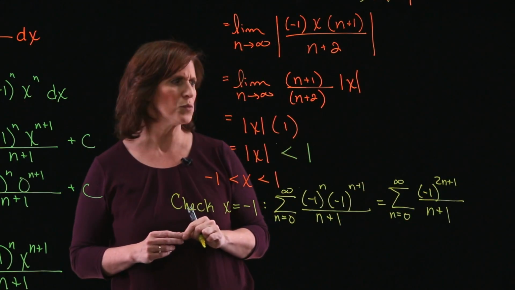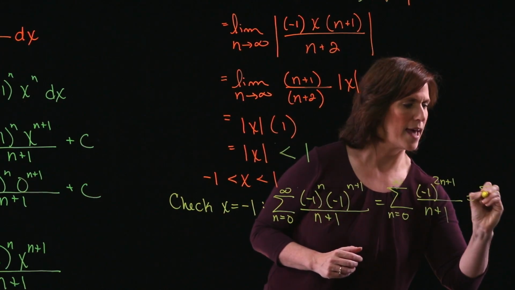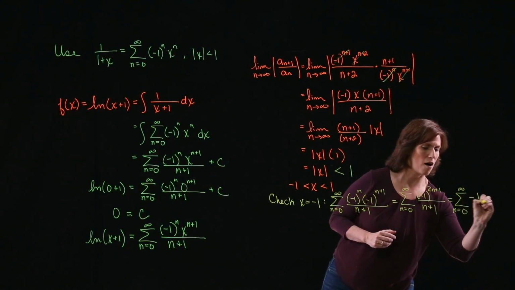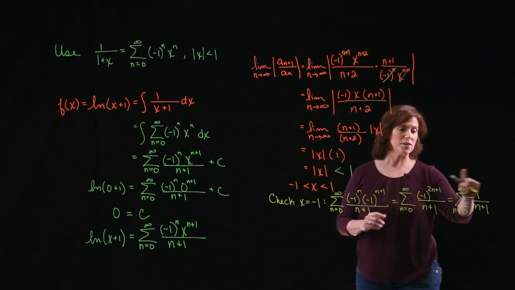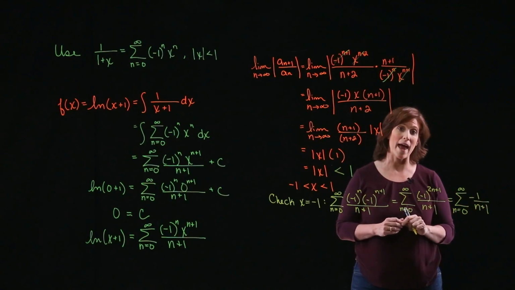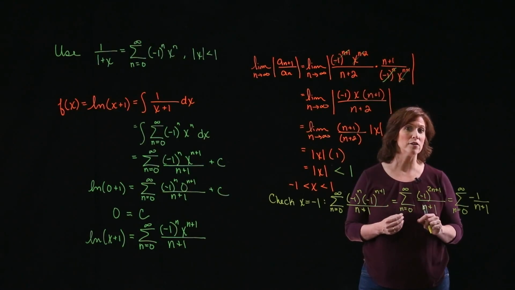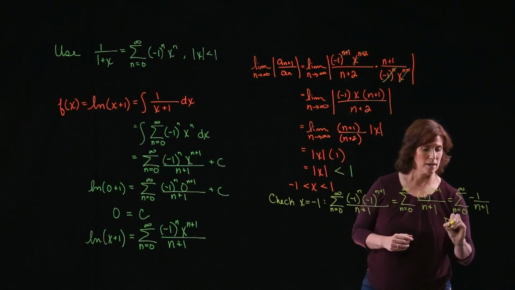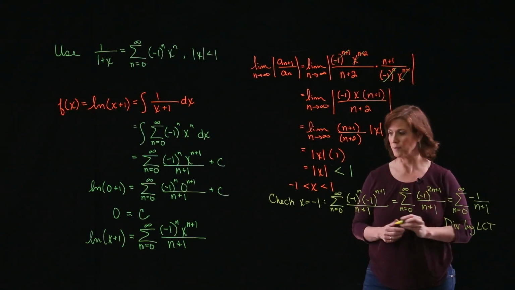Notice that 2n plus 1 is guaranteed to be an odd number, so I can write this as the sum from n equals 0 to infinity of -1 over n plus 1. If I factor the minus out and look at the series 1 over n plus 1, I can use the limit comparison test and compare it to the series 1 over n, and say that this series diverges by the limit comparison test.